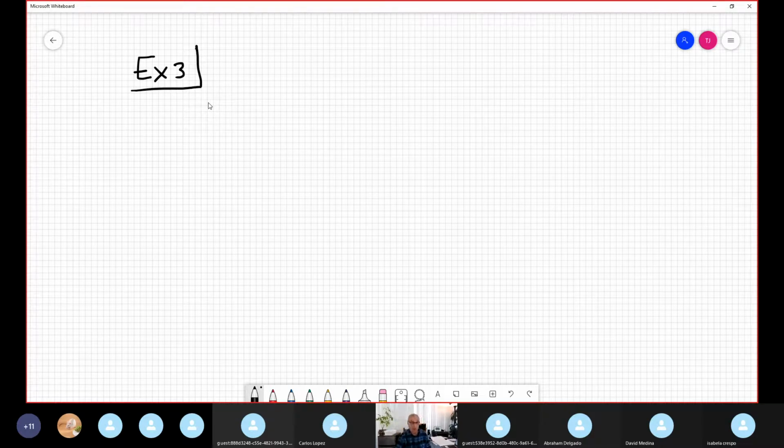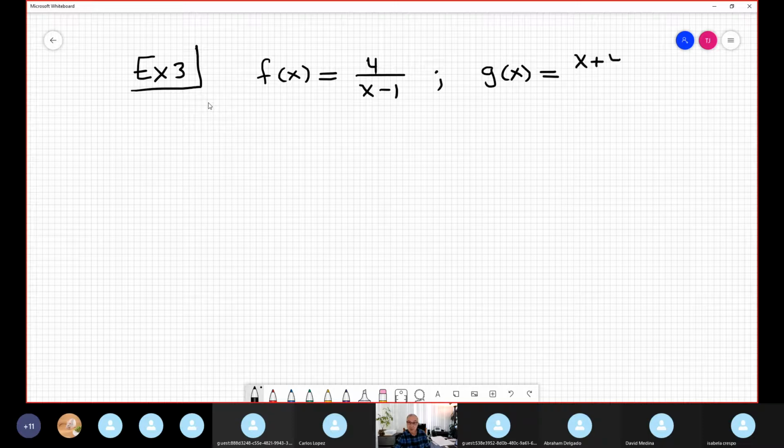Okay, suppose you have now two new functions. Okay, by coincidence one is the same, but the other is not. G is x plus 4 divided by x. And the same problem, we are doing it again, repetition. It's composition.